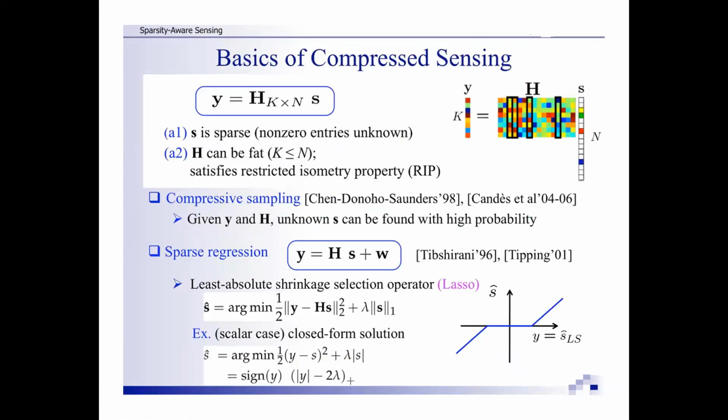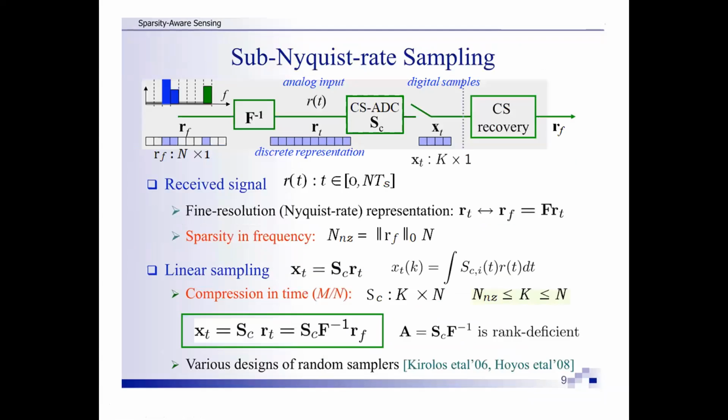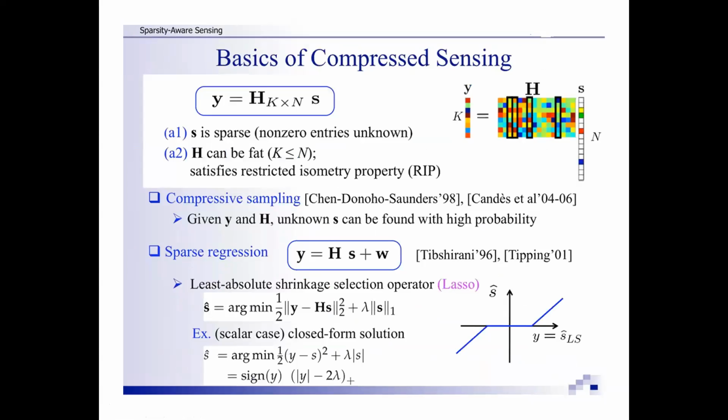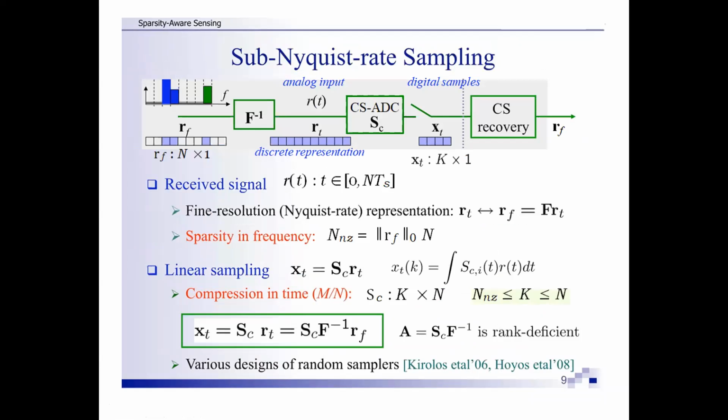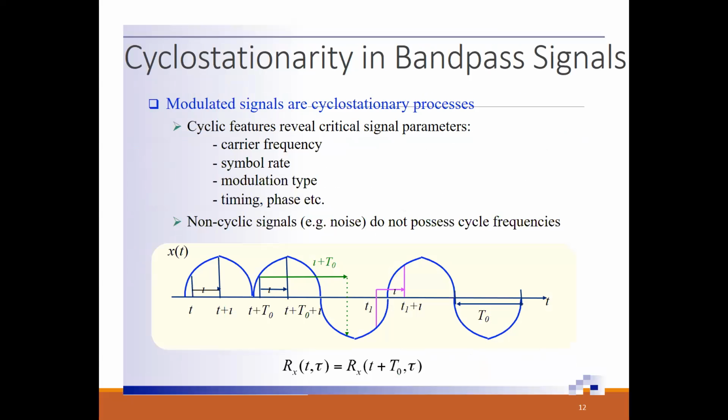I will come to the basics in a separate slide, but these slides are given in very layman terms so anyone can understand, though you are not working in this area. I will come to the details in the other slide. Let me skip it and come to the cyclostationarity part. Any modulated signal is cyclostationary in nature. What is meant by cyclostationarity is that suppose you have a signal, you cut it into parts of width T0, and you compute the autocorrelation.